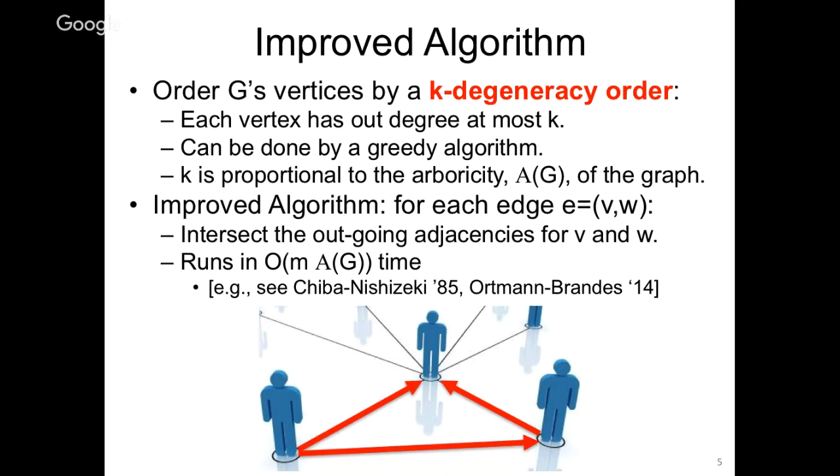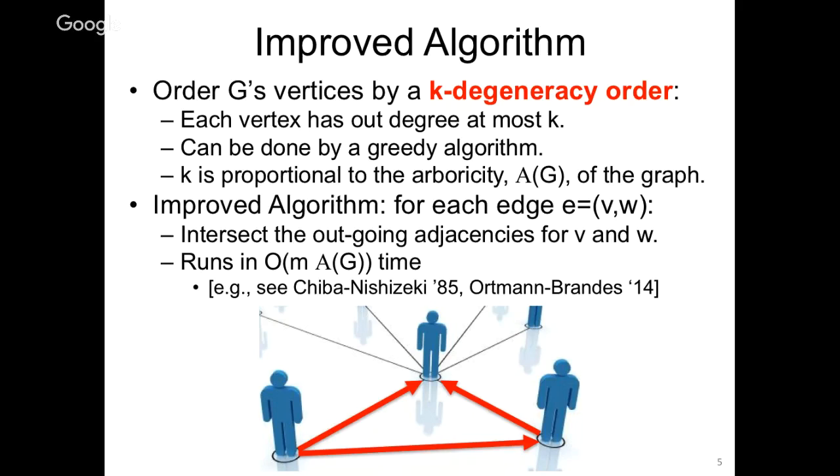So, in fact, if you go back to the original paper by Chiba and Nishizeki, that's how they characterize it in terms of this arboricity, and I think that then sort of created a precedent for following papers. And then this paper by Ortmann and Brandes is a beautiful paper that showed that the slew of dozens and dozens of other algorithms on triangle listing basically run in the same running time if you're careful. And you just order the vertices in the right way, you basically get the same running time of m times the arboricity.